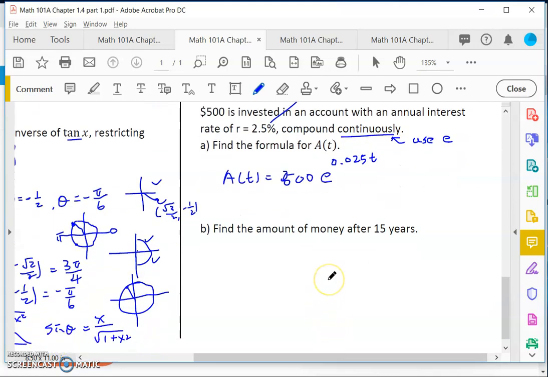Find the amount after 15 years. So what you do is A of 15 equals 500 e to the 0.025 times 15. So let's use our calculator.